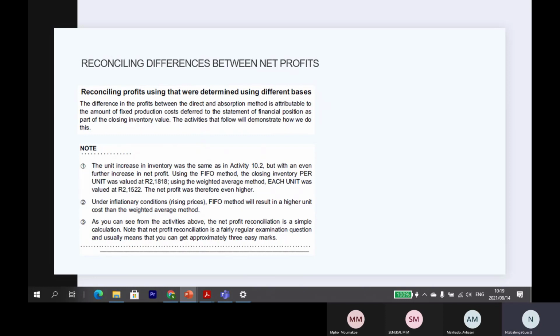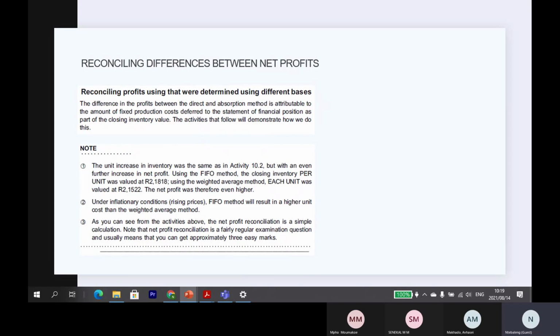Am I correct? Yes, I am. Because under direct, it's variable. Under absorption, it's your variable and your fixed cost. So there's a large amount being deferred under absorption because we're taking a huge chunk of those costs.